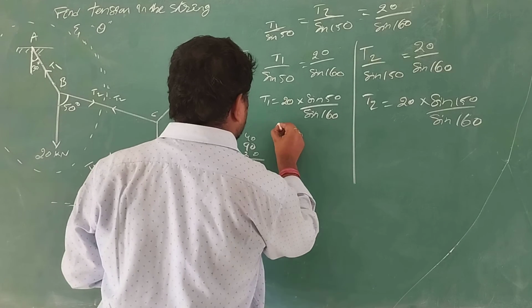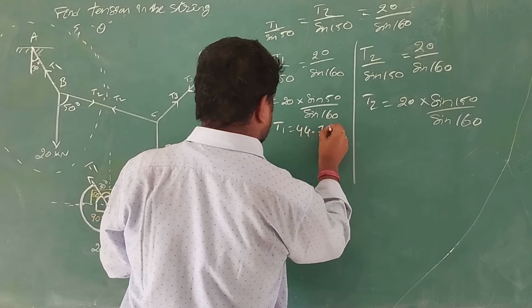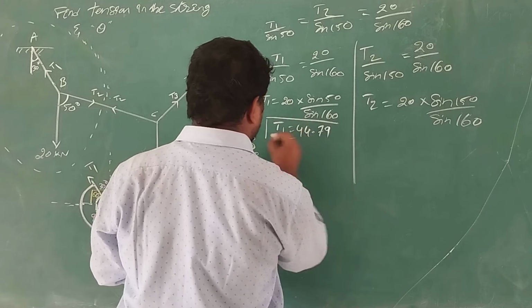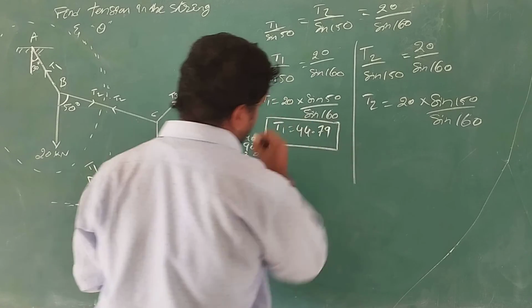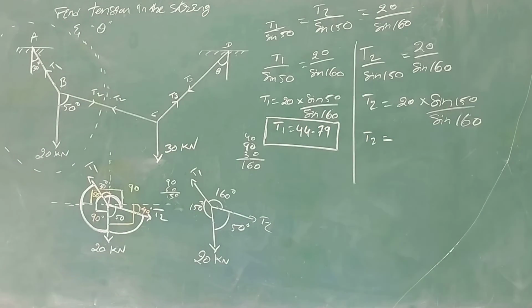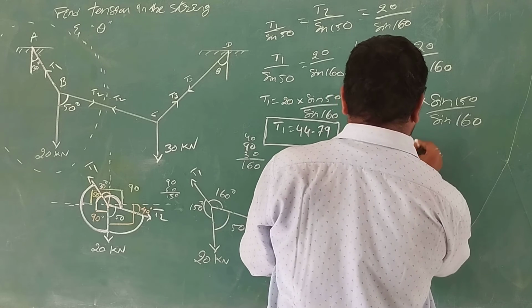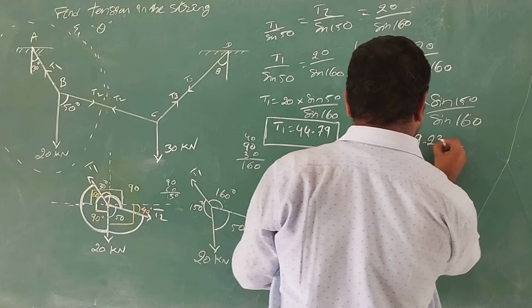You get it as T1 as 44.79. T2, how much? T2 you do it. T2 you will get it as 29 point.